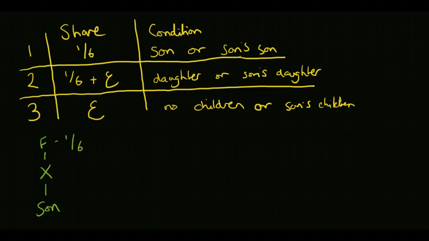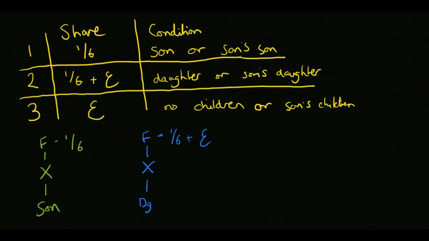State number 2 is when we have X, he has a father, and rather than a son, he just has a daughter. In this situation, the father gets a sixth and he gets an asaba, the remainder or the residue.